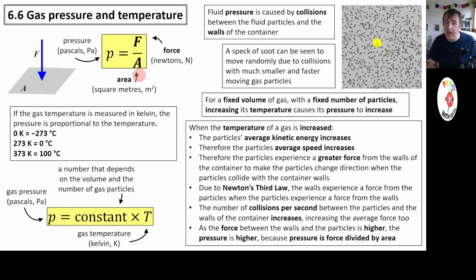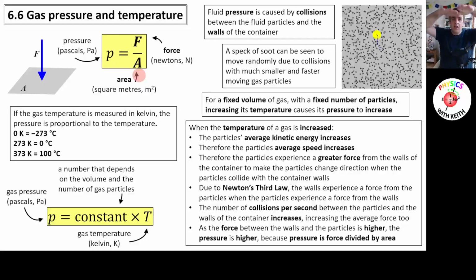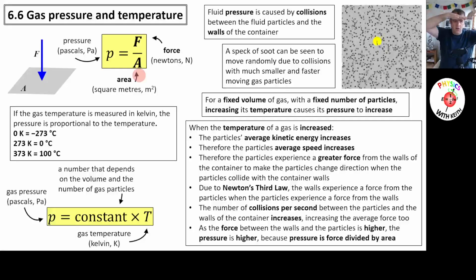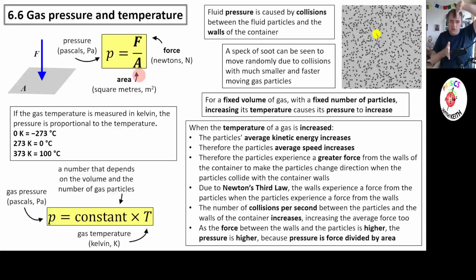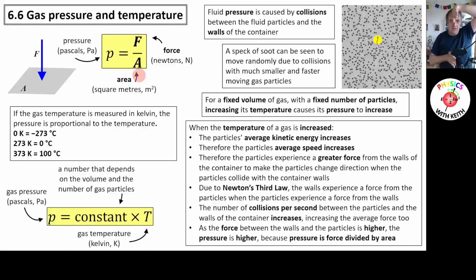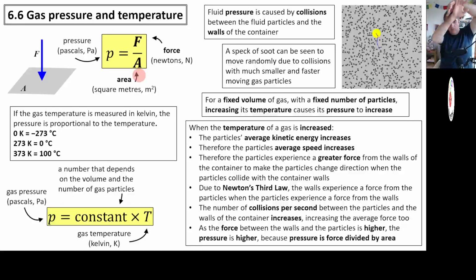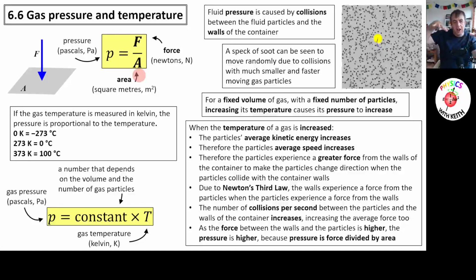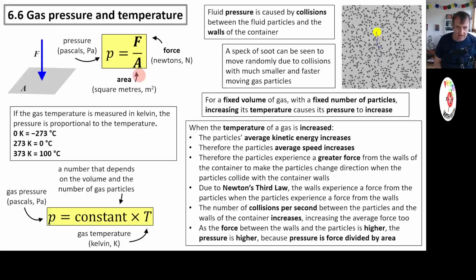If you don't believe the area has a direction, imagine it's raining and I hold out a sheet of paper horizontal. It's going to get very, very wet. But if I hold the sheet of paper vertical and it's raining straight down, it's the same area, but it gets less wet because more water misses it. So the direction of the area matters. Area has a direction.